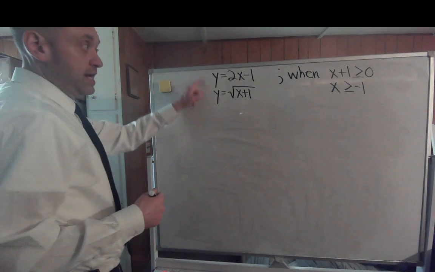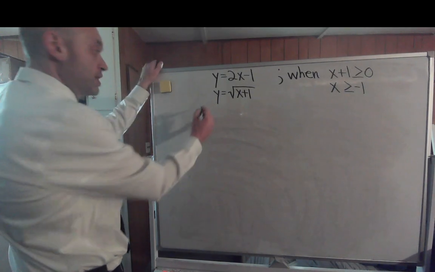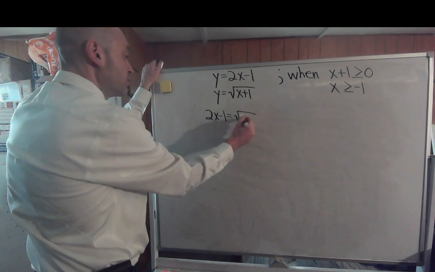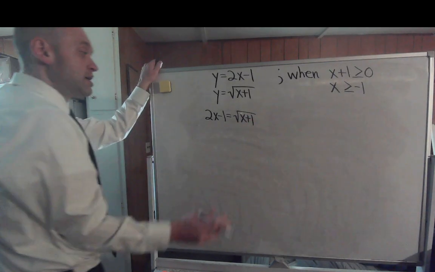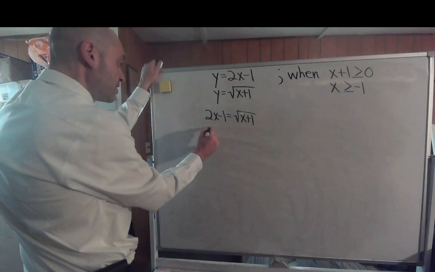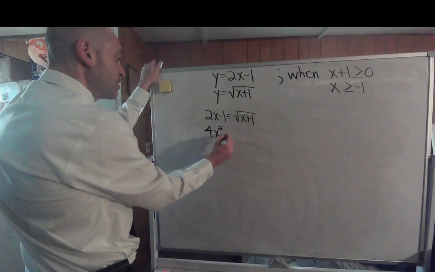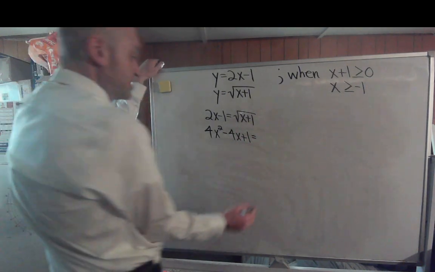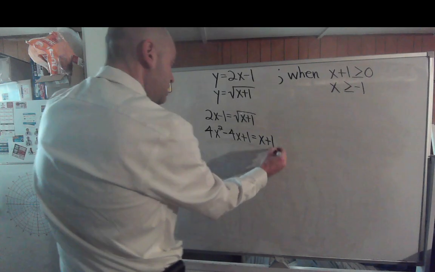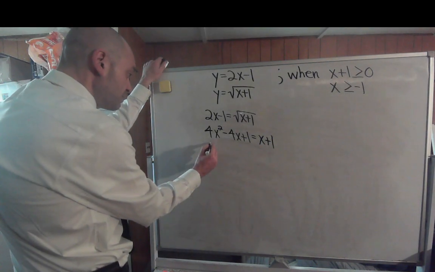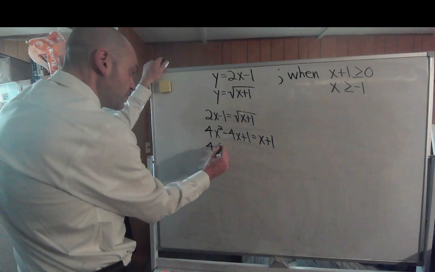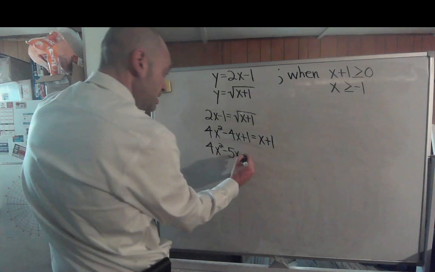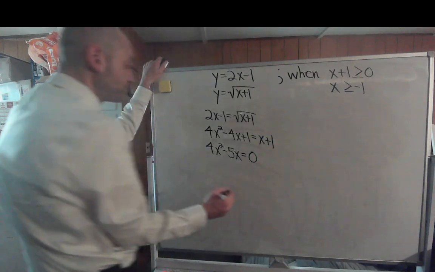Now, since y equals both of these, we can just set one equation equal to the other. So 2x minus 1 equals the square root of x plus 1. Square both sides to get rid of the radical, you would get 4x squared minus 4x plus 1 equal to x plus 1. This turns into 4x squared minus 5x equals 0.